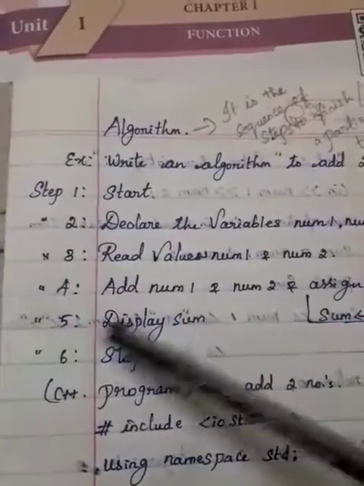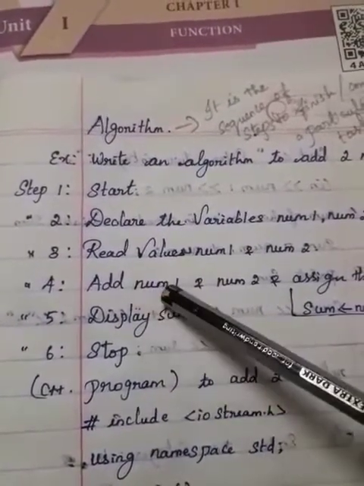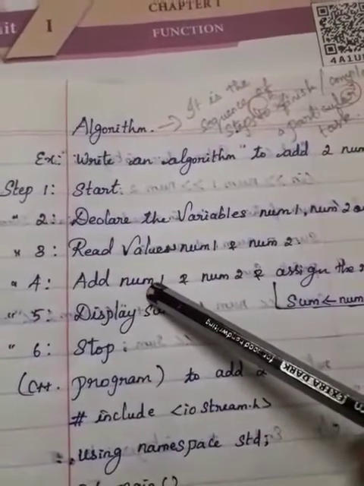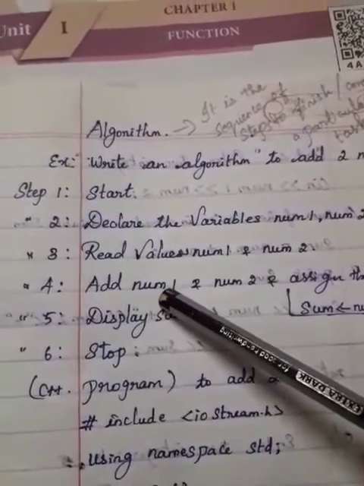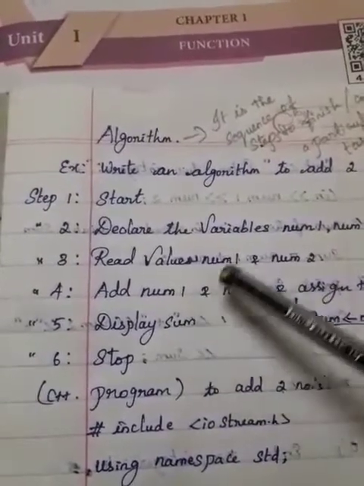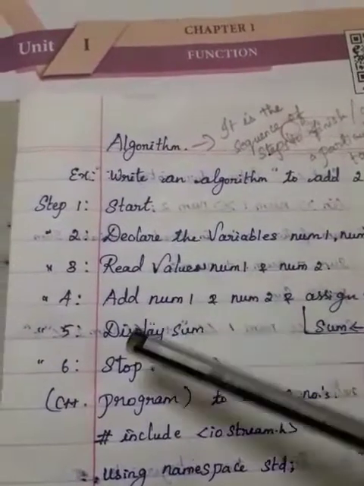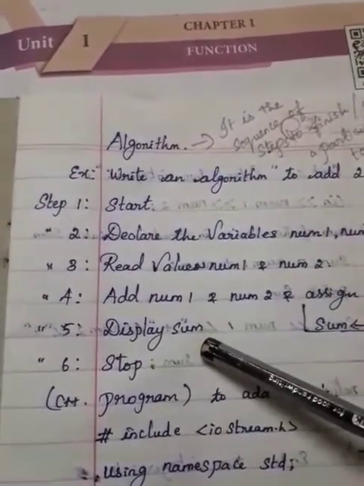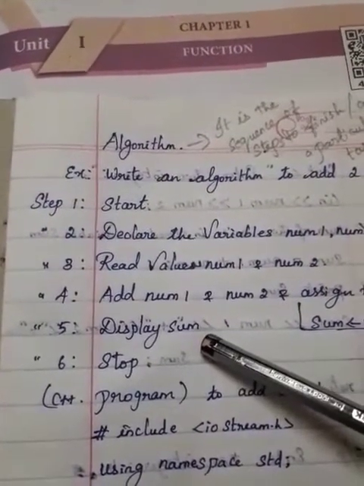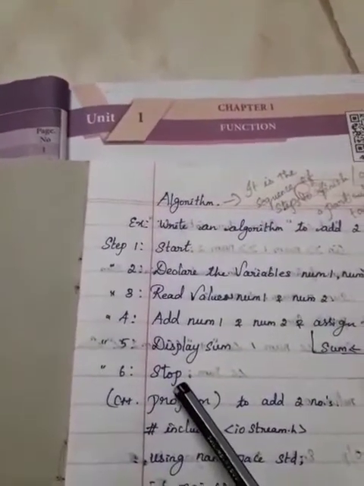Now step 5, display sum. For example, num1 I assign the value 3 and num2 the value 4. So 4 plus 3 is 7. So display sum, the value is 7. Next, step 6, stop the algorithm.